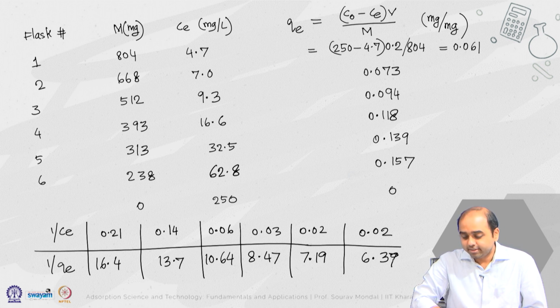Now, if you do a linear regression, either you can draw these points on a graph sheet and draw a best fit line of 1 by Qe with respect to 1 by Ce, and from there work out the slope and the intercept. Alternatively, you can do linear regression with the summation of the error residuals to find the optimized values of these two regression coefficients.